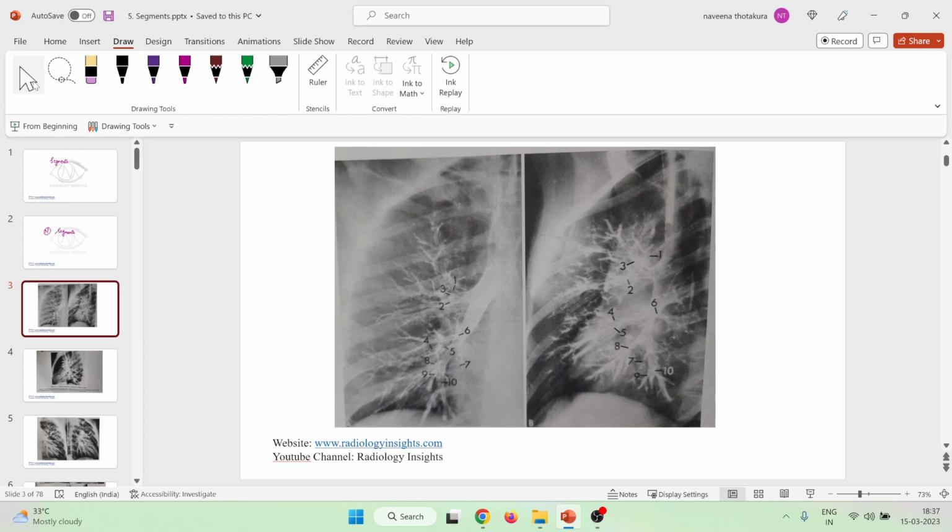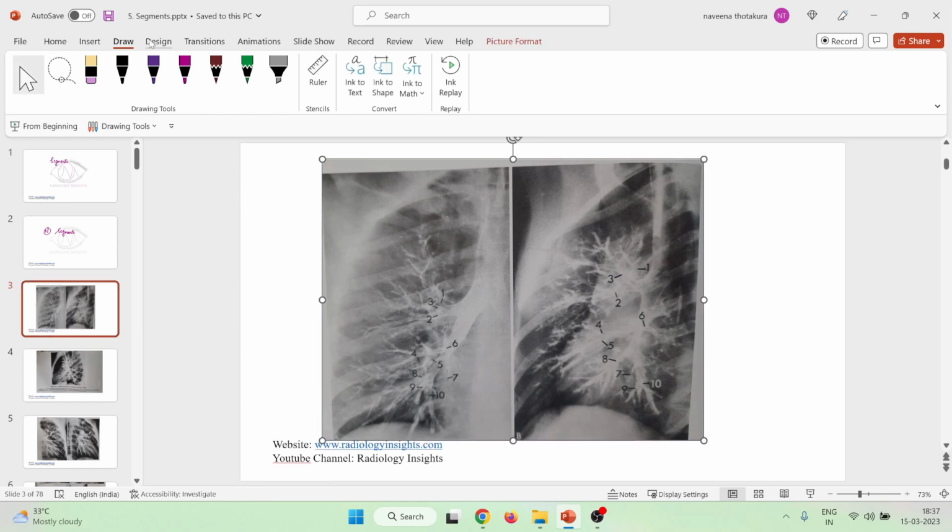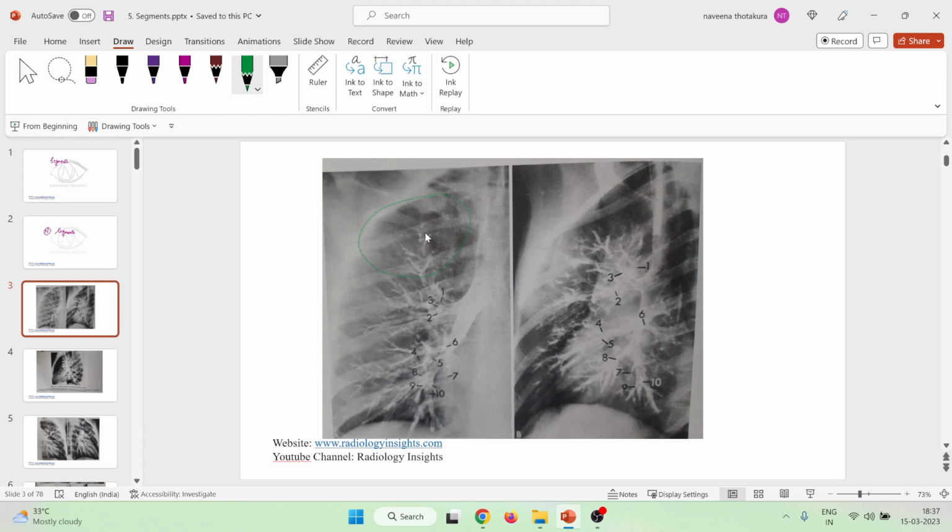For example, lung abscess, which is a bacterial infection, occurs most commonly in the upper lobe, in the posterior segment of the upper lobe.